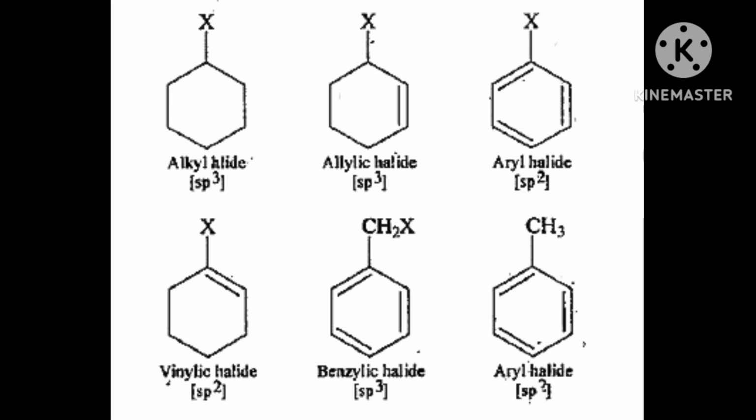Methyl benzene is also known as toluene. And if an NH2 group is attached anywhere on benzene, with any carbon, then what will you tell? It will be called aniline. These are common aromatic compounds.